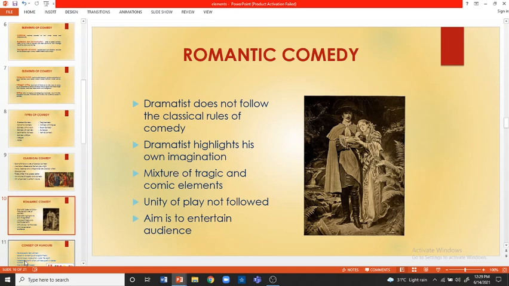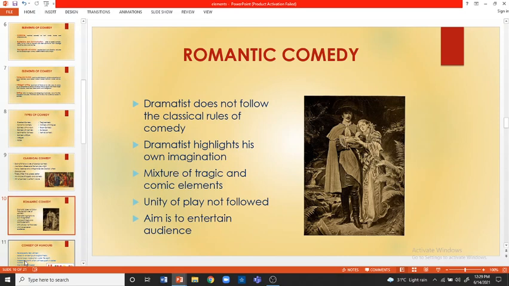Then what is followed here? The dramatist highlights his own imagination. He writes what he thinks and what he imagines. He was free to imagine whatever his mind wants, free from rules and regulations.